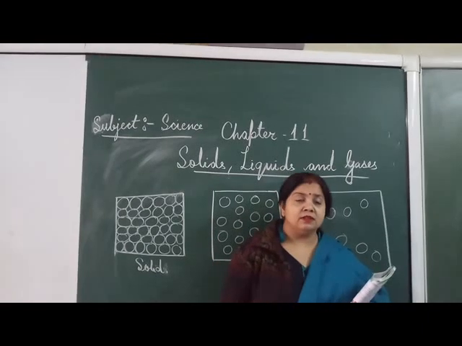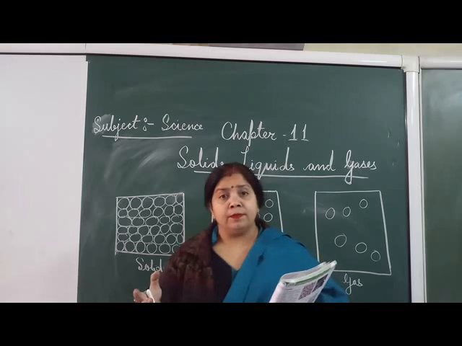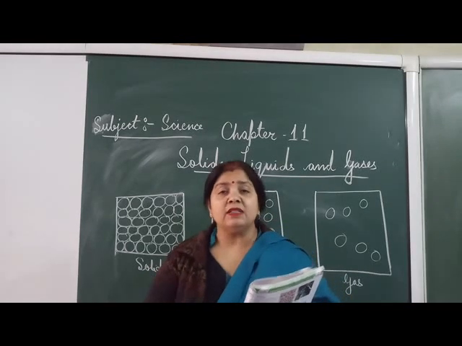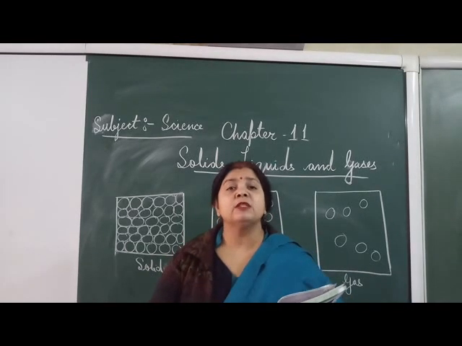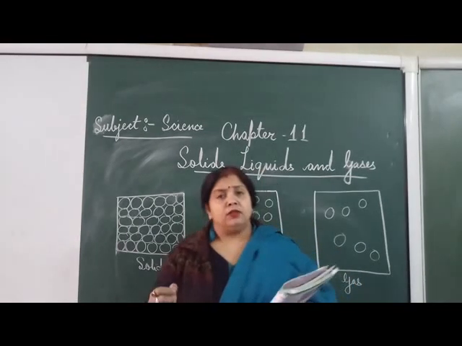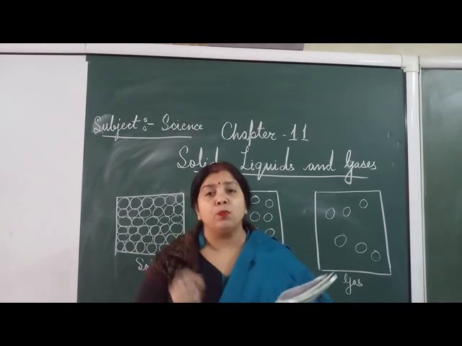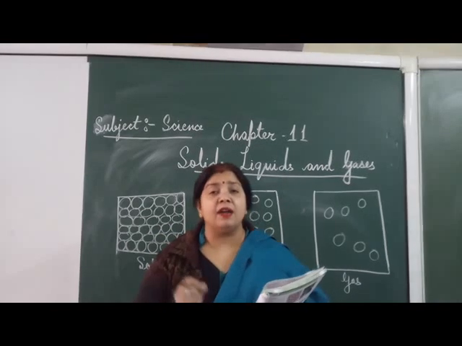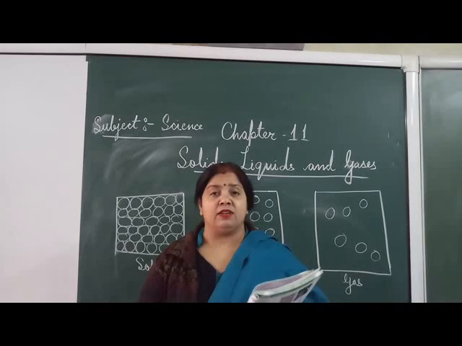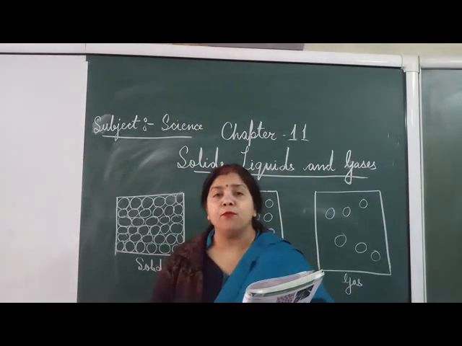What do the things occupy? They occupy space and mass. And the thing which occupies space and mass is called matter. So all the things are made up of matter.